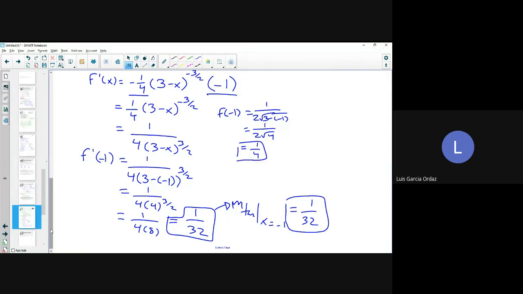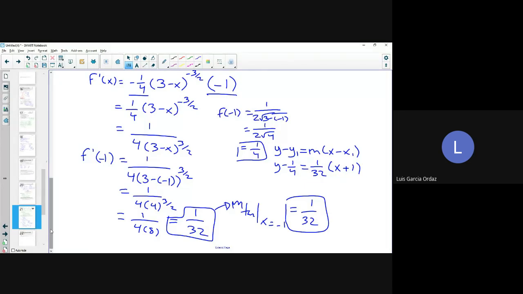So I have my x value at negative 1 and my y value of 1 over 4. So now I can use my standard notation. y minus y1 is equal to m times x minus x1, which means I get y minus 1 over 4 is equal to 1 over 32, bracket x plus 1.